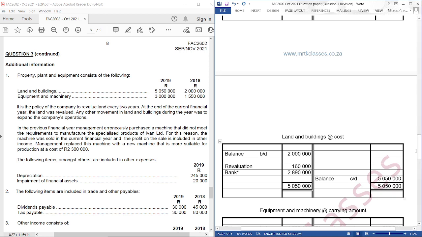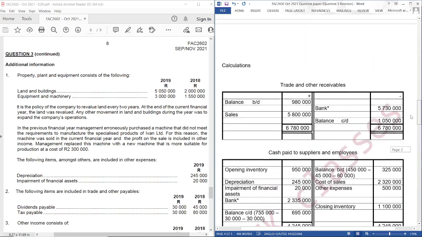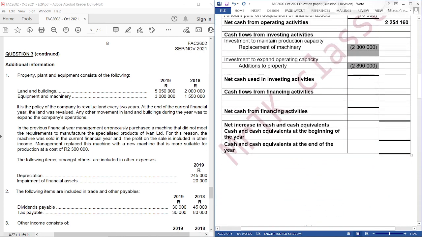Okay, so this is proceeds on sale of machinery, 704,000, right? Proceeds from sale of machinery. Then we are done with our non-current assets.